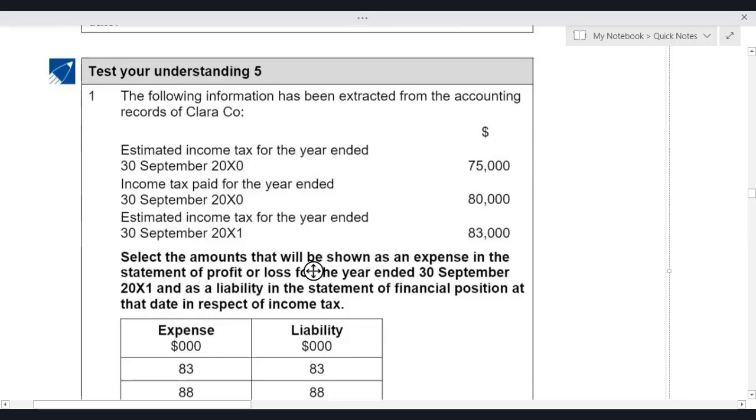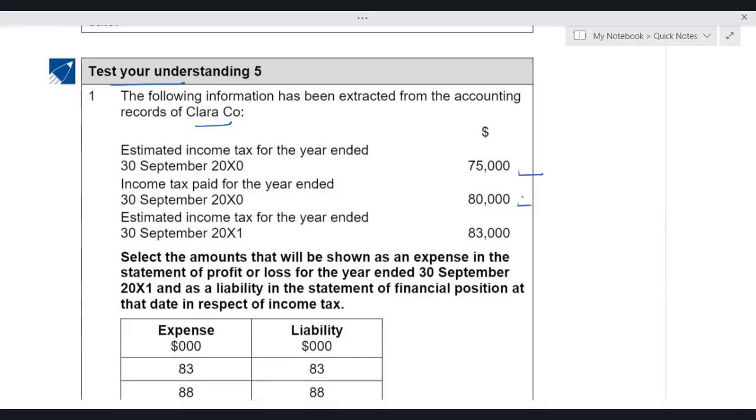Okay, test your understanding 5. The following information has been extracted from the accounting records of Clara Company. Estimated income tax for the year ended 30th September X0 is 75,000, but actually the tax paid is 80,000. We did discuss the concept of under provision and over provision.